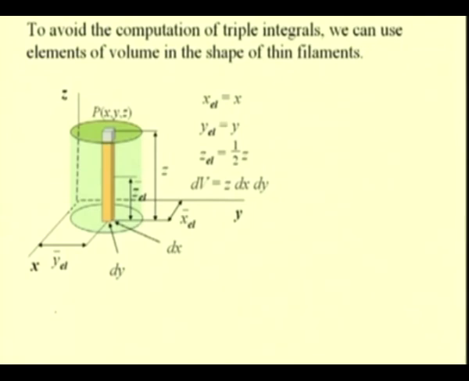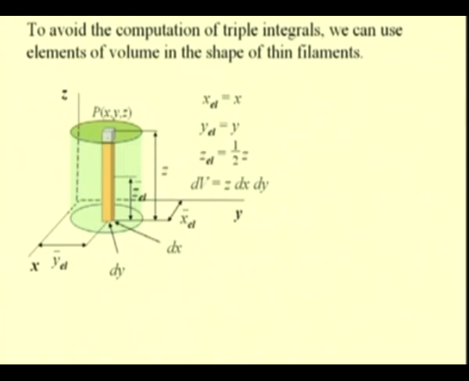So, this example clearly illustrates that we take a thin filament whose cross-sectional area is dy times dx, and the length of this element is z, which is equal to the height of this cylindrical volume, for which we are interested to find the location of the centroid.